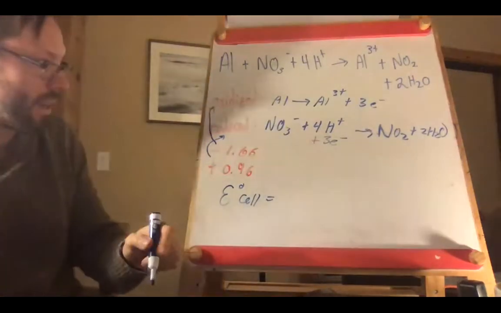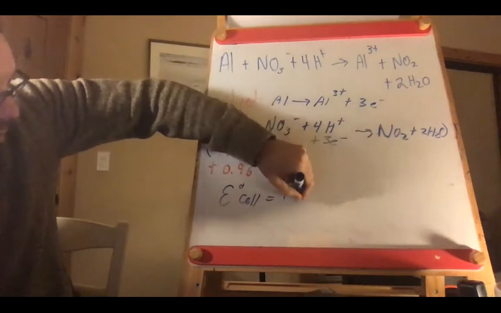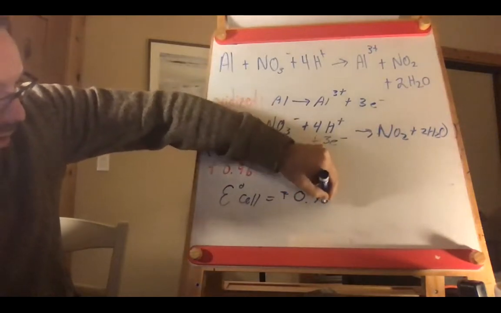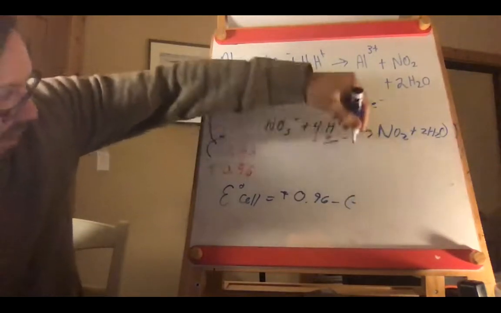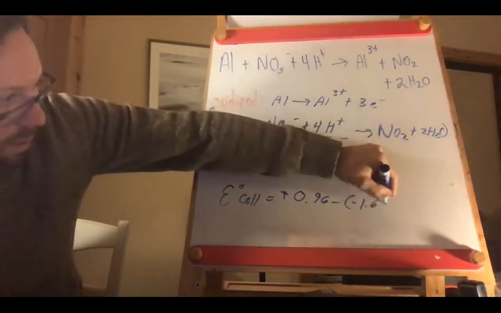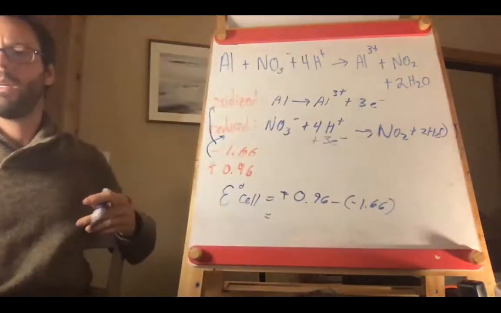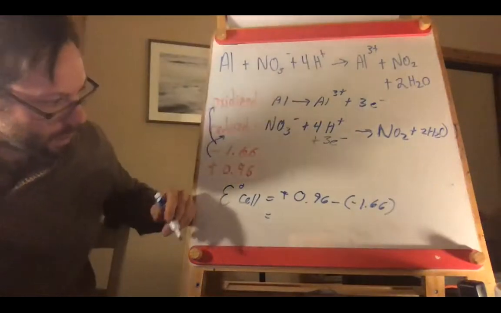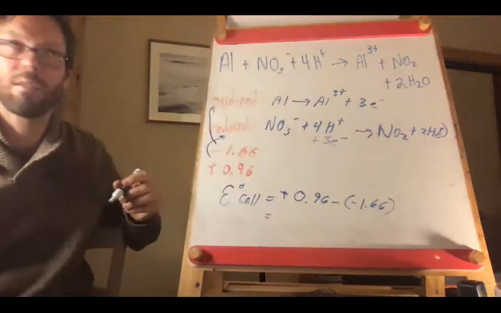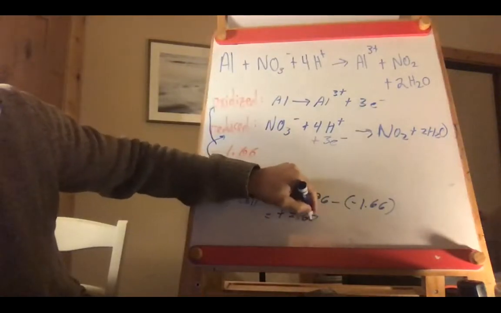So we say that it is equal to 0.96 minus the negative 1.66. So that should be, that's a negative, no, it's a positive 2.62, I think.